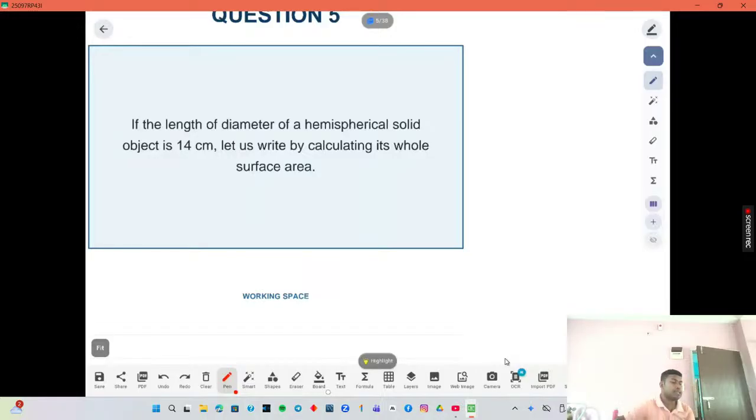So the whole surface area of a hemisphere is 3 pi r square. What is the formula of the whole surface area of a hemisphere?